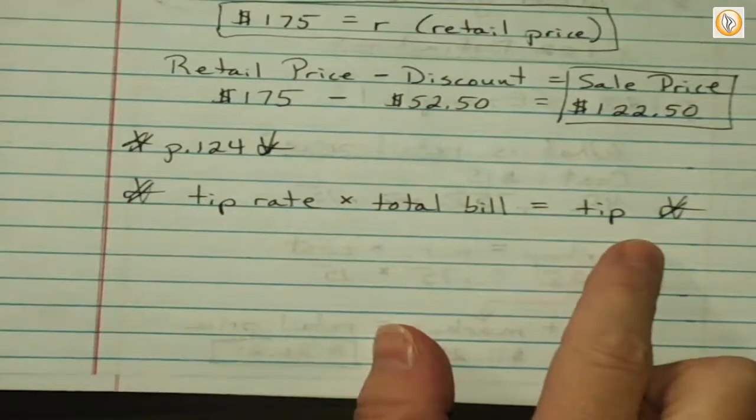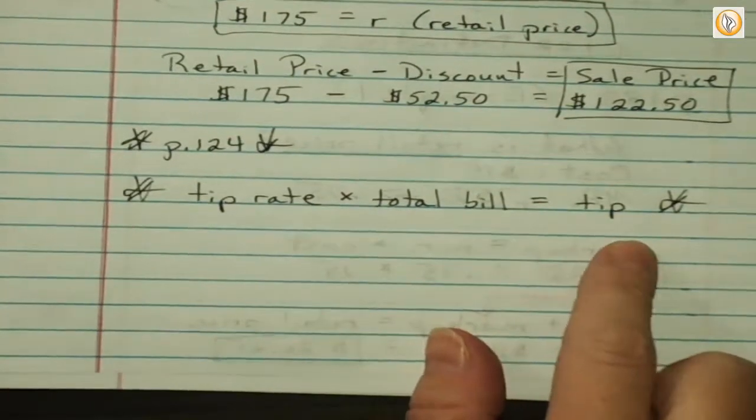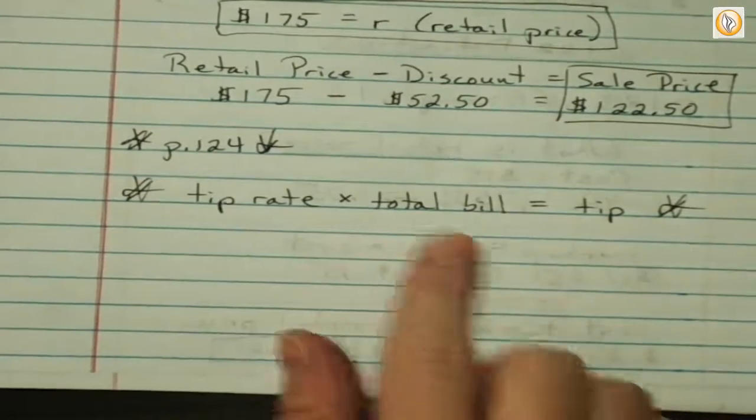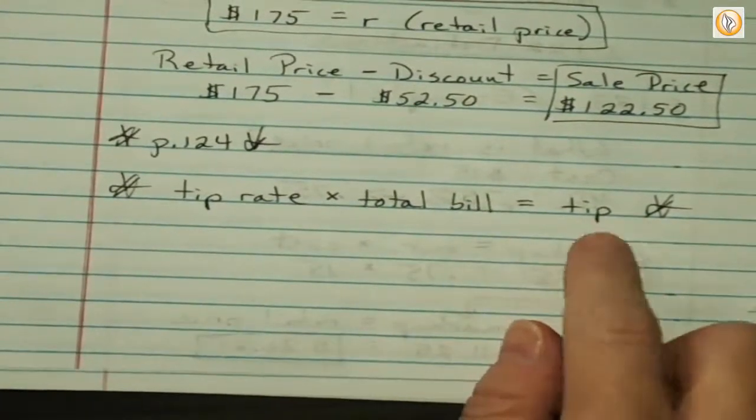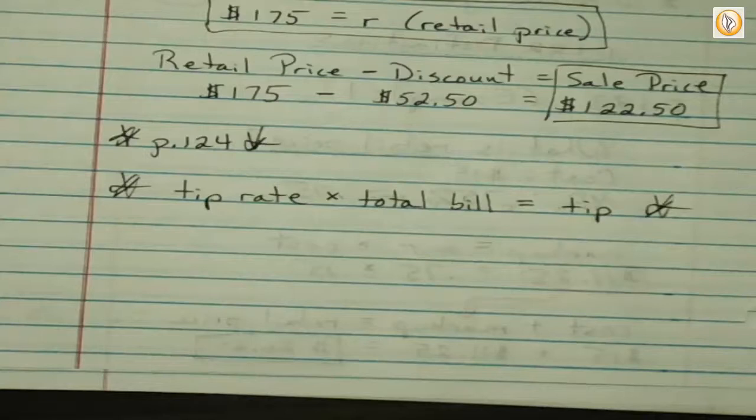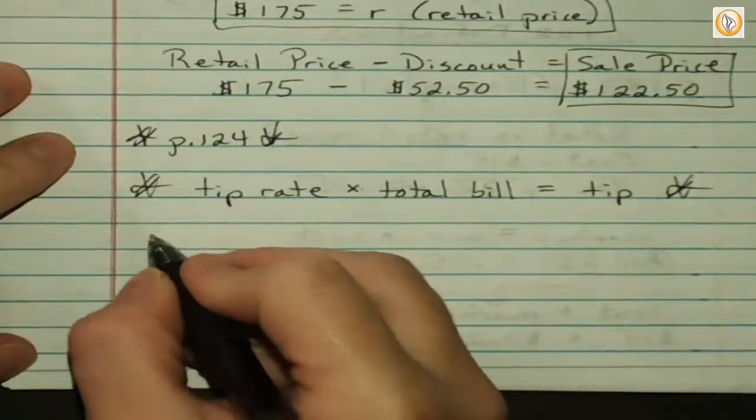You're not paying just the tip or just the bill. You're paying the bill plus the tip. Okay? All right, let's move on. Again, this is all stuff we did last year.